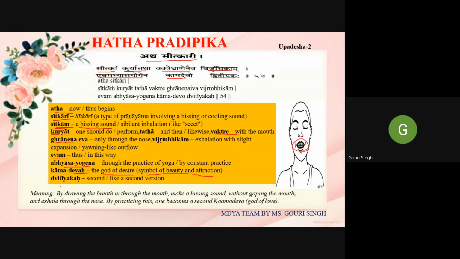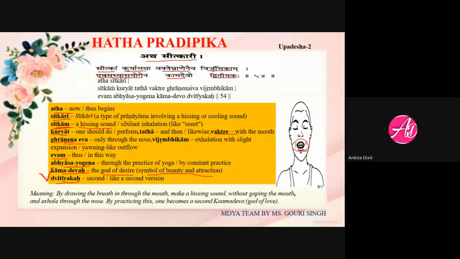Dvitiyakah means like Kamadeva, with Kamadeva's appearance, the sadhak becomes a second Kamadeva whenever he practices Sitakari. This is very, very important from the exam point of view. By which practice does one become like a Kamadeva?